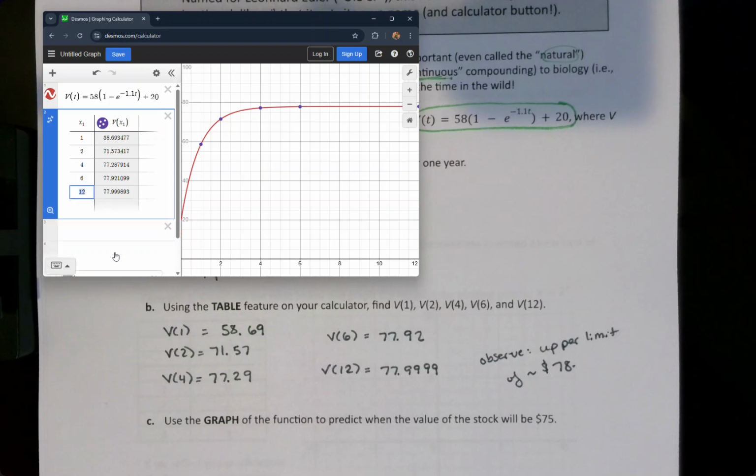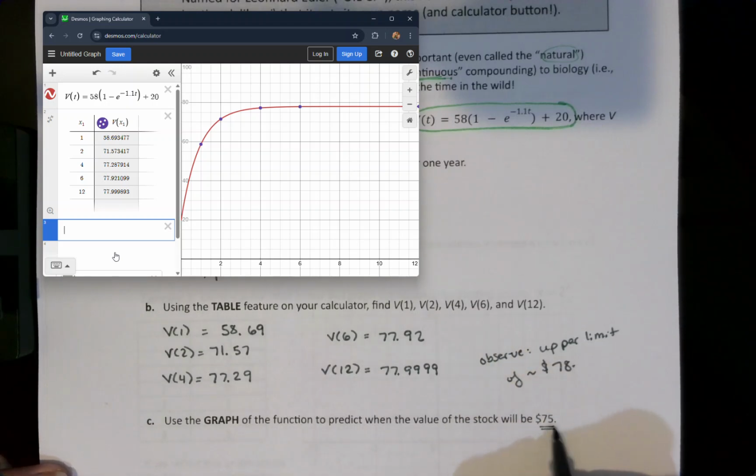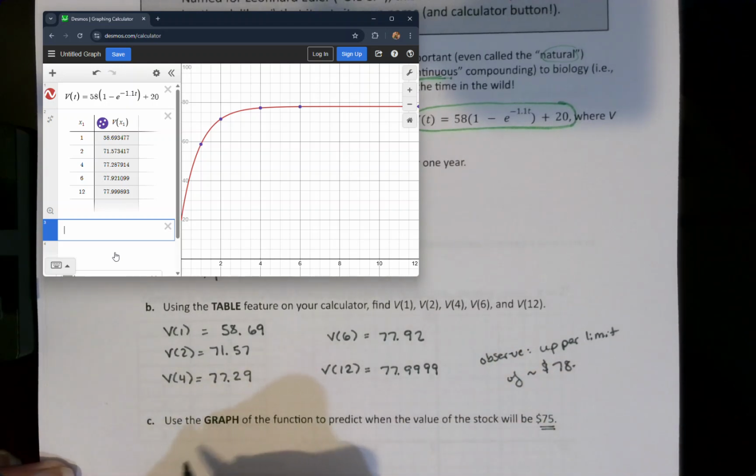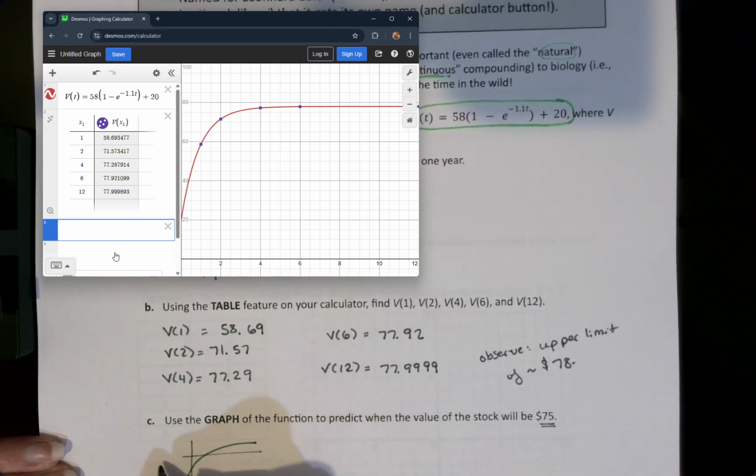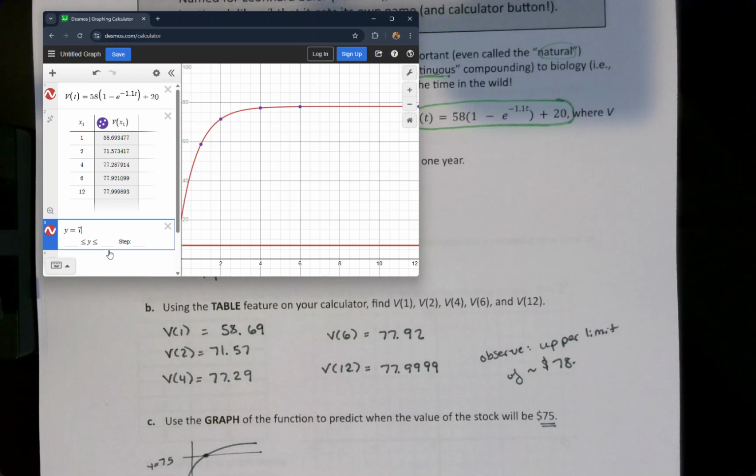All right. So next, we were asked to use the graph of the function to predict when the value of the stock will be $75. That's an output value. So on my graph, I need to find out where y equals 75 is going to intersect. So I'm going to graph as an output value 75.